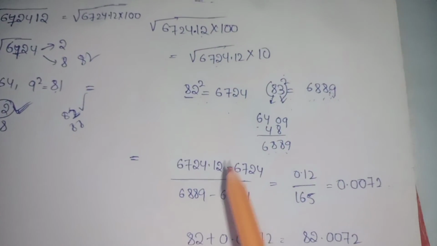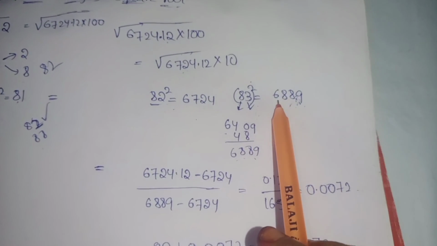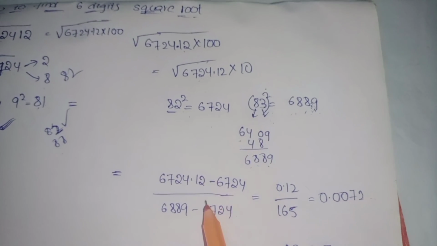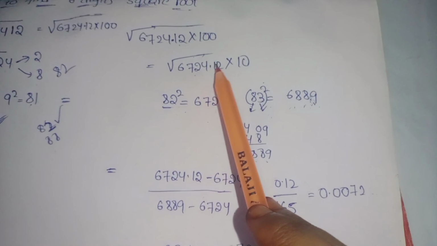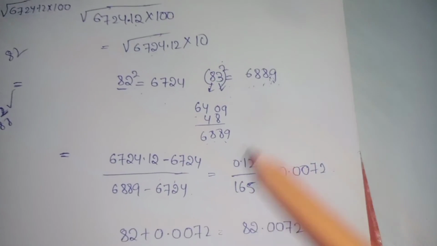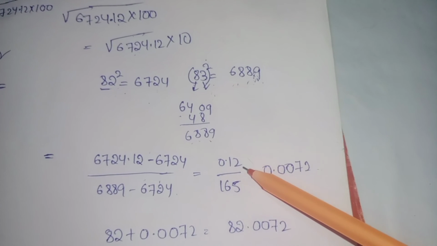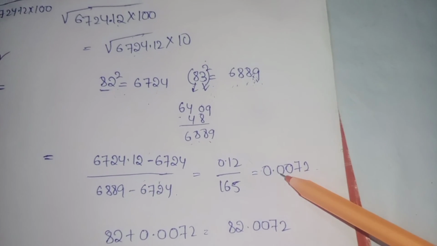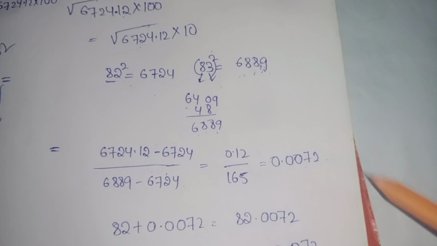Next, in the denominator you have to subtract 6889 minus 6724. In the numerator you have to take the given number minus 6724. For simplification we are getting a fraction, and for doing the division we are getting 0.0072.